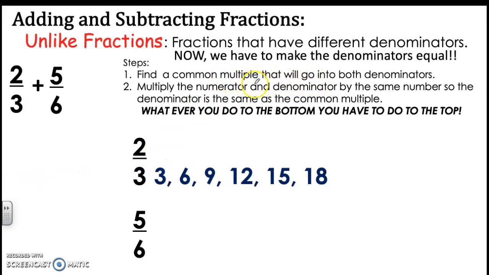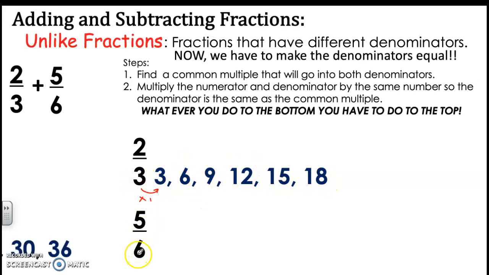I'm going to multiply the denominator: 3 times 1 is 3, times 2 is 6, 3 times 3 is 9, times 4 is 12, 3 times 5 is 15, and so on and so forth. These are multiples of 3.